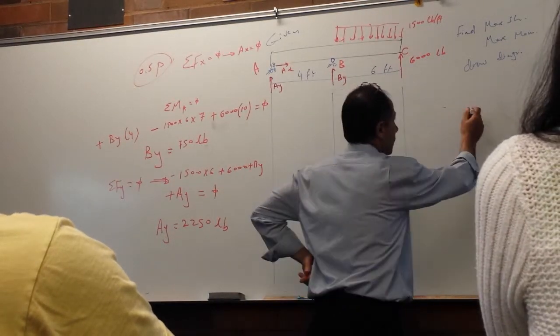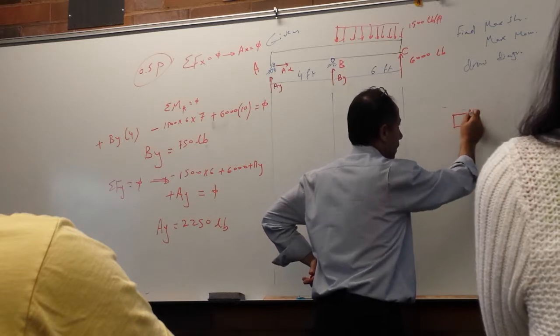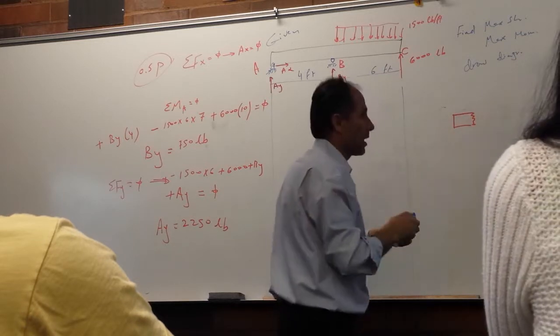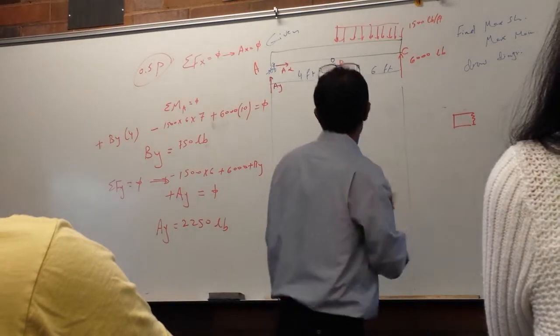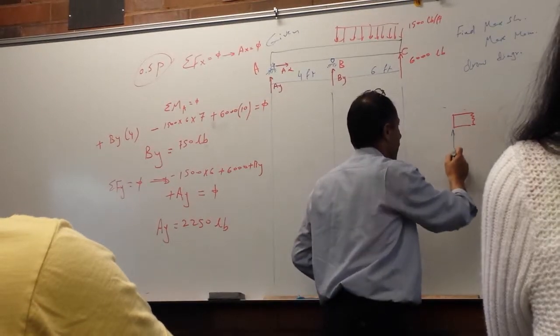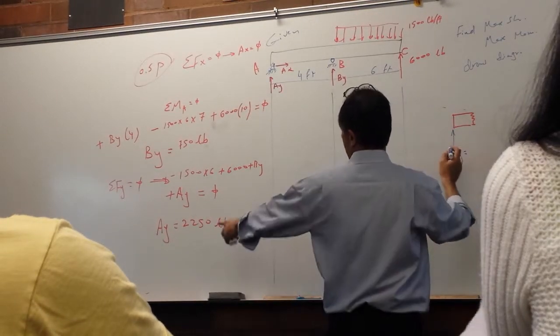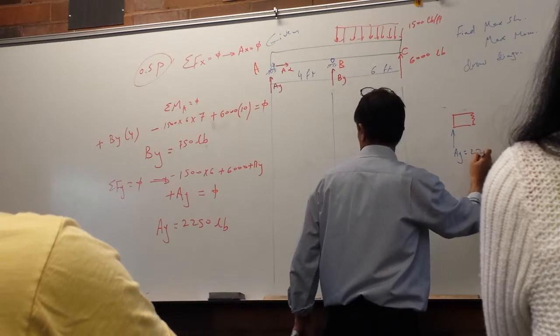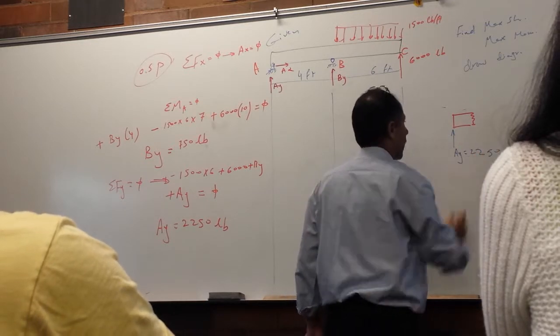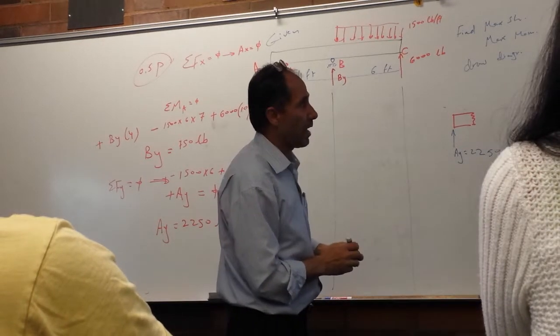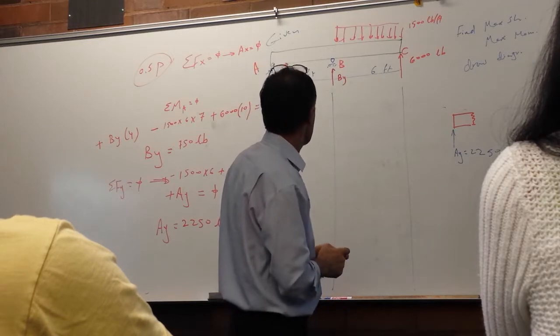First cut. First cut is here. The forces that I have are AY, 2,250, correct? Do we have anything else? AX is 0.